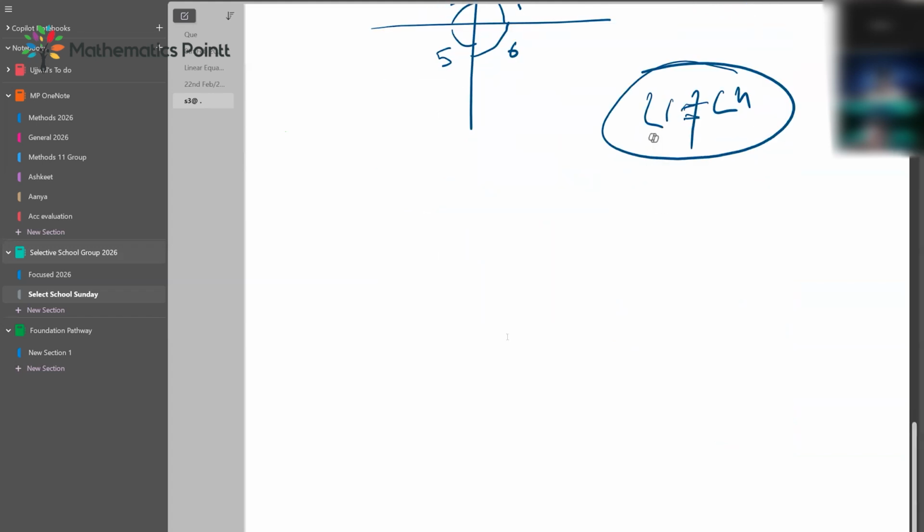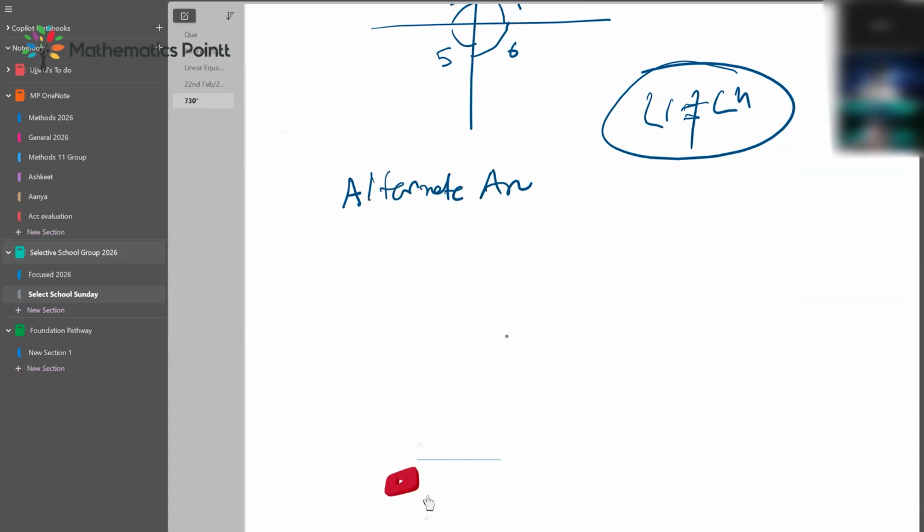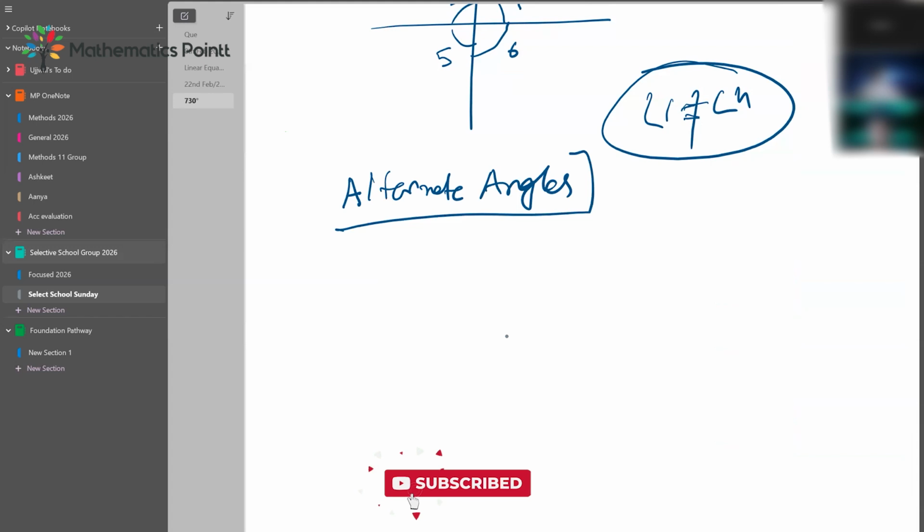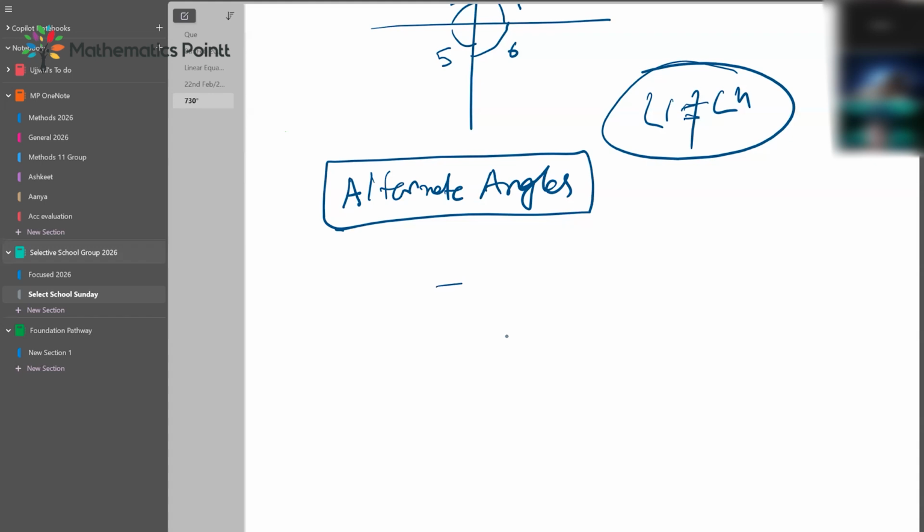Let's learn angles number 2. Alternate angles. Again, lines need to be parallel. If there are two lines which are parallel, cut by a transversal, then the alternate angles are equal. What are alternate angles?